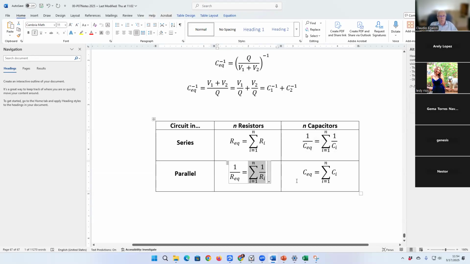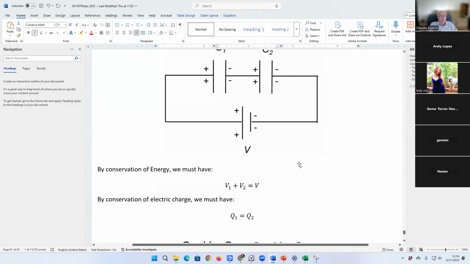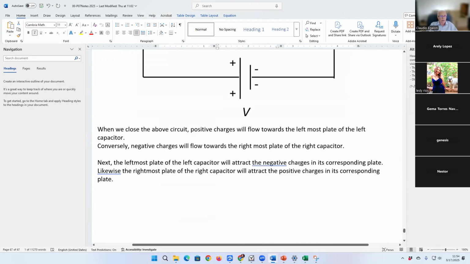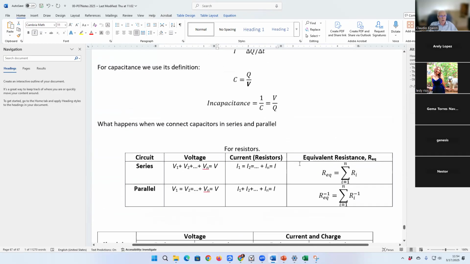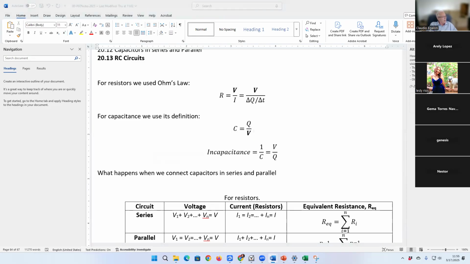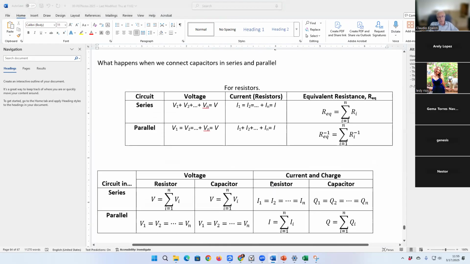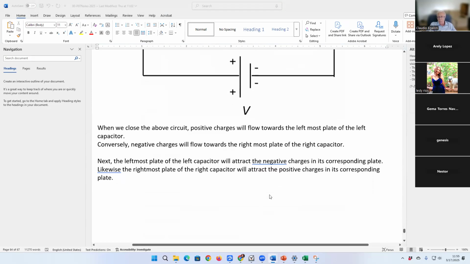It is the opposite because of the way that we define capacitance and resistance: one is directly proportional to V, the other is inversely proportional to V. That's why we get that flip in the equivalent capacitance in series and parallel. That's the explanation for that, and the same thing can be repeated for n capacitors in parallel, n capacitors in series, and so on.